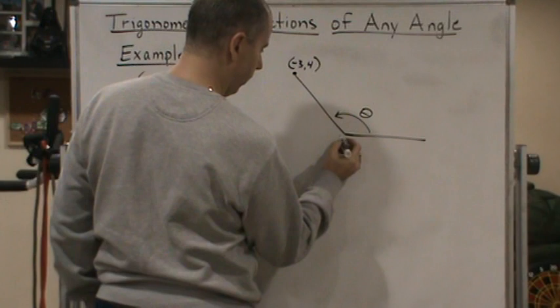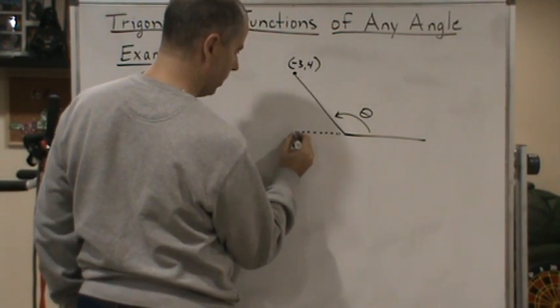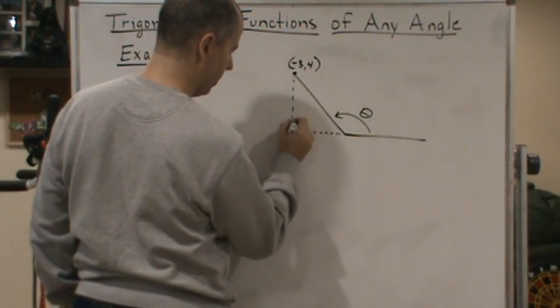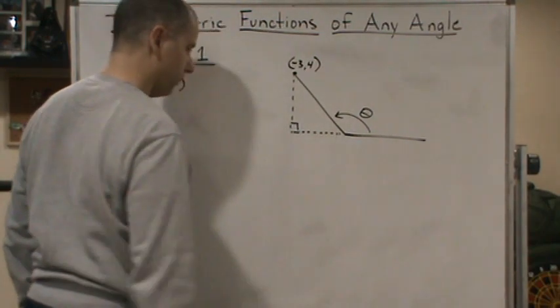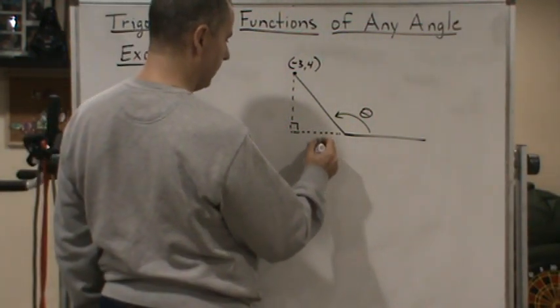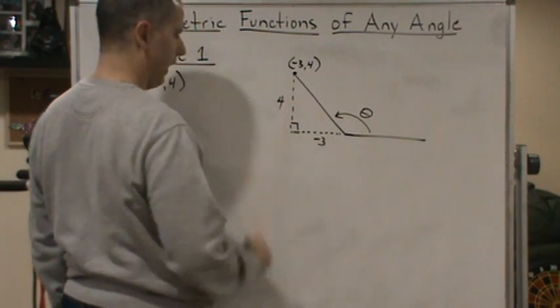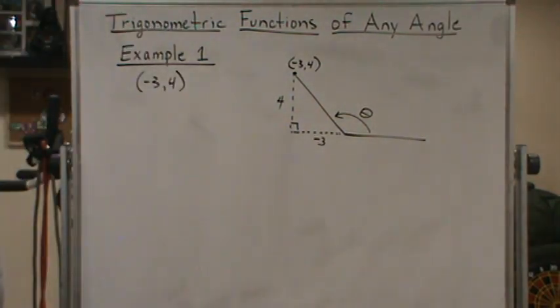So what do we know? Well, if we draw out the triangle, we know that this side is going to be -3, and that side's going to be 4.